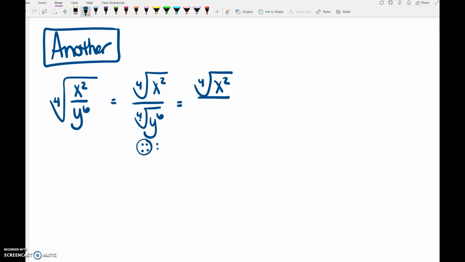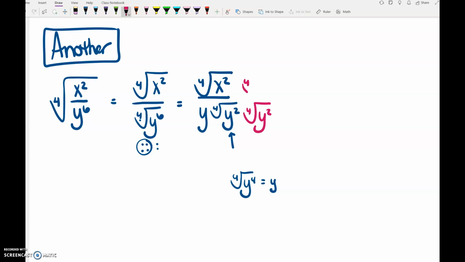There's one group of 4, so we've got a plain y, and then we've got 2 that are still stuck under the radical. This is bad. We can't have the 4th root of anything on the bottom. So we want to turn this into the 4th root of y to the 4th because then it would be just a plain y. So we currently have 2. We need 2 more on the bottom and the top.